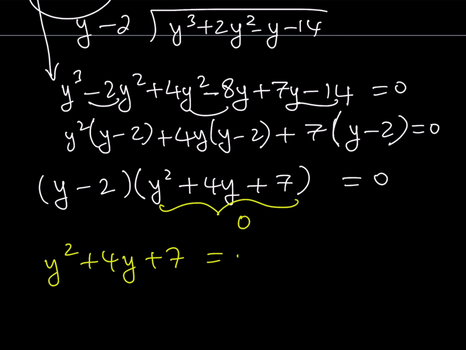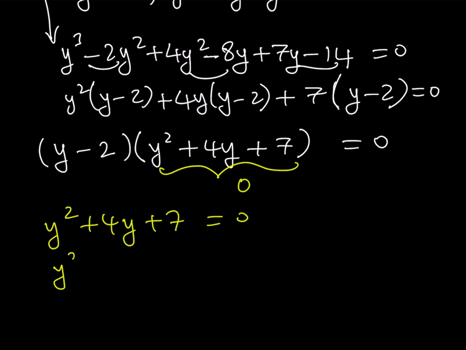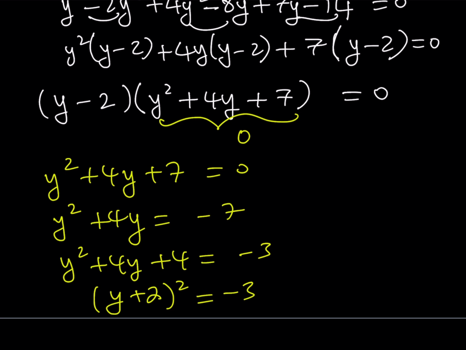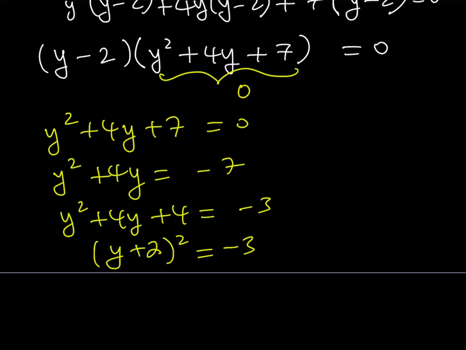And there's a couple of ways to do it. You can use the quadratic formula or complete the square. So you can isolate the negative 7 and then add half of 4 squared, which is 4, to both sides, to make the left-hand side a perfect square. And this gives you y plus 2 quantity squared equals negative 3. As you know, there's no real number whose square equals negative 3, but there are complex numbers whose square equals negative 3.